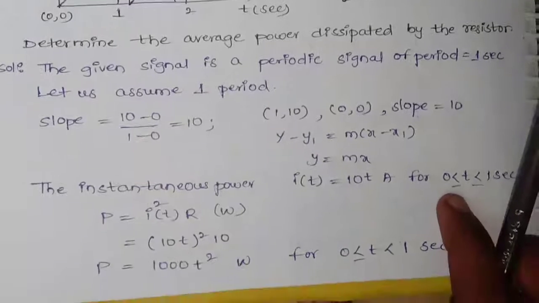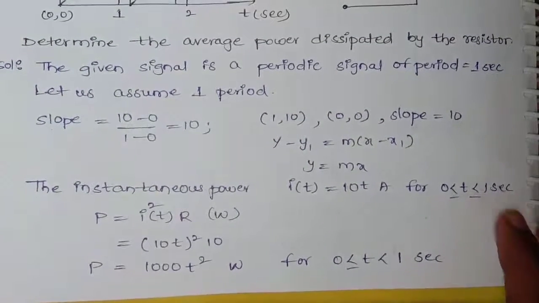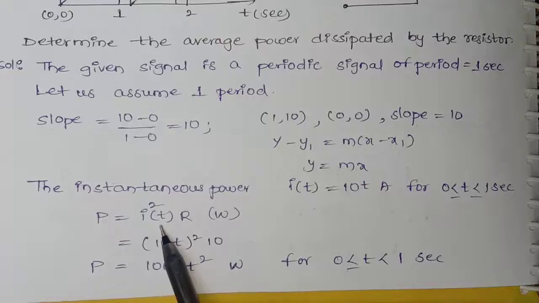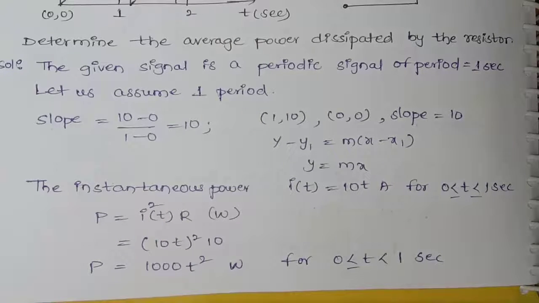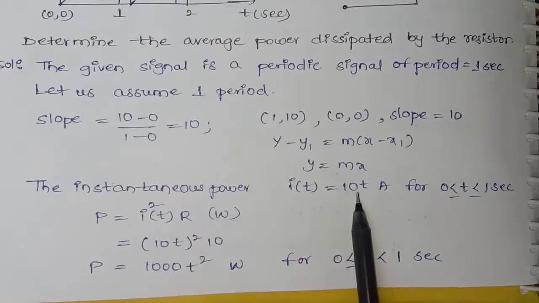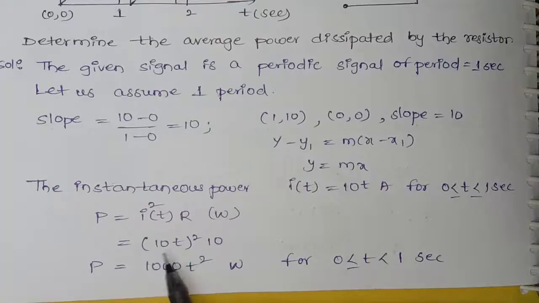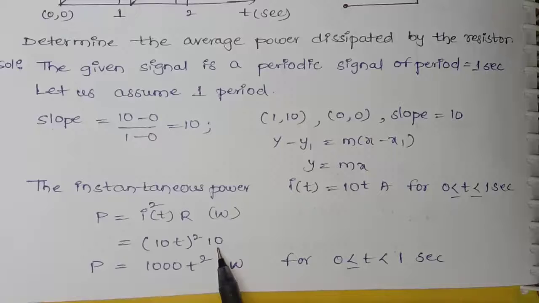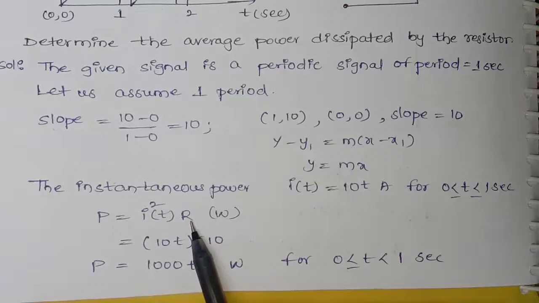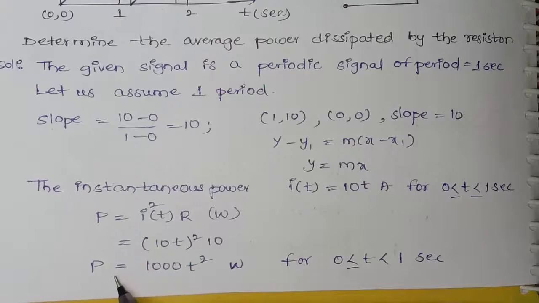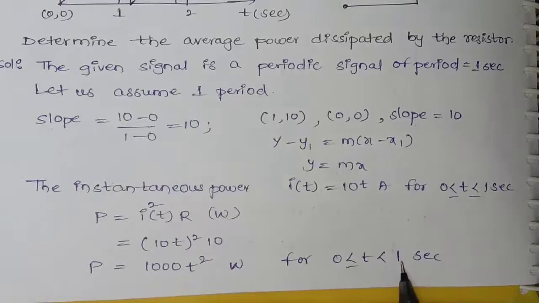The instantaneous power is P is equal to I square into R. We already know that I of t is 10t. Substituting 10t in this equation, we get (10t) square into 10, which is the resistance value. We'll get instantaneous power as 1000 t square watts for t greater than or equal to 0 and less than or equal to 1.